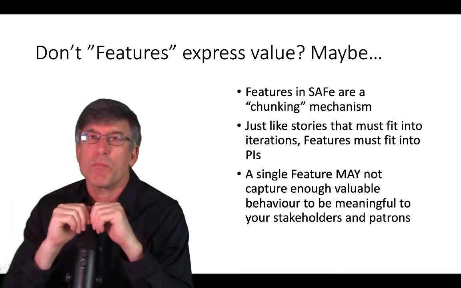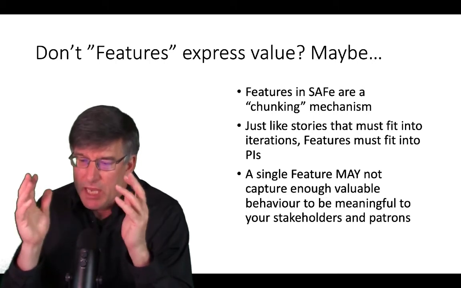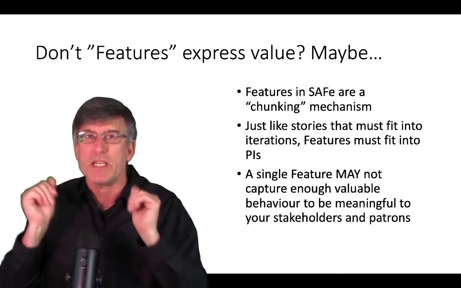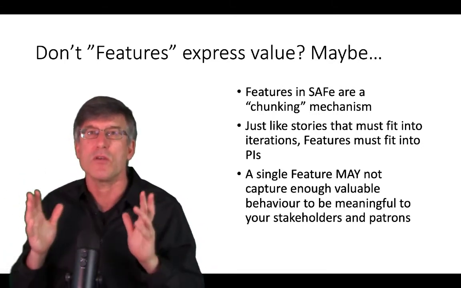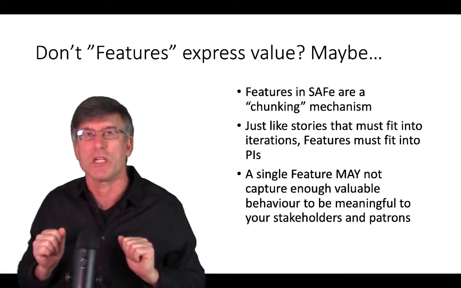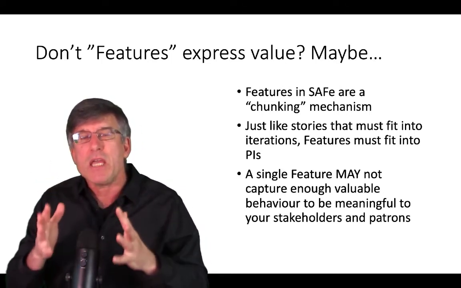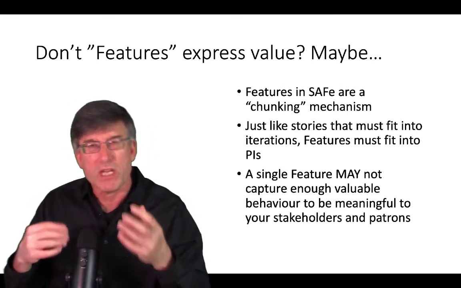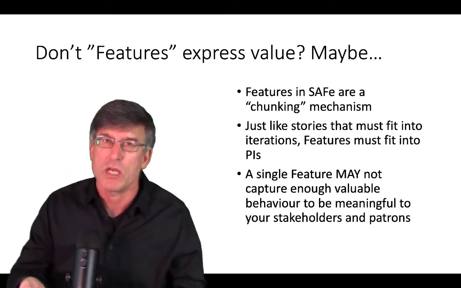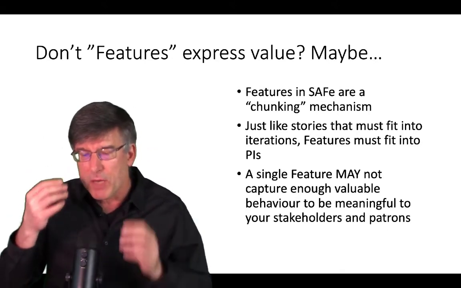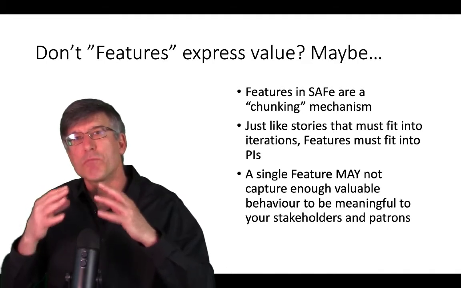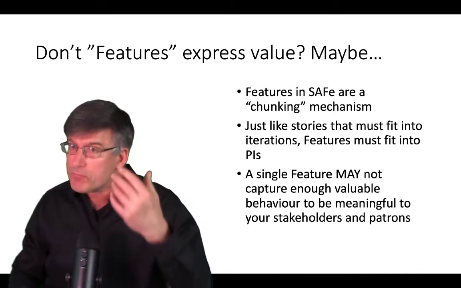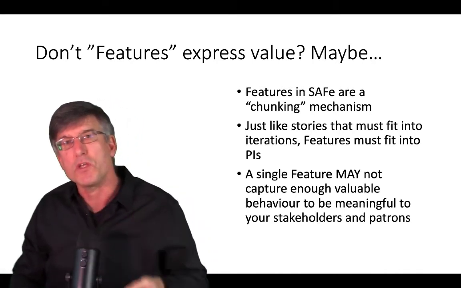While a feature does represent something that should be valuable, realistically, because a feature needs to be able to fit into a PI in the same way that a user story has to fit into an iteration, the feature itself may not capture enough value that it would be valuable or meaningful to your stakeholders or patrons. So the PI objectives give you a way of expressing value to your stakeholders, to your patrons, in a way that the features cannot.